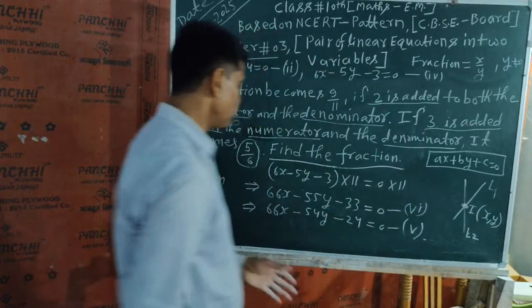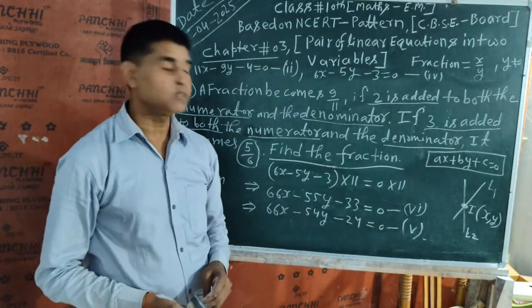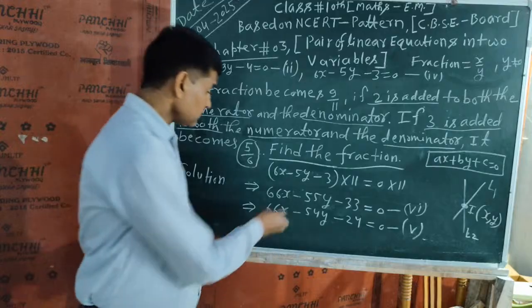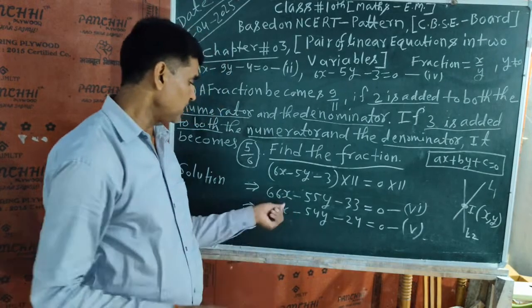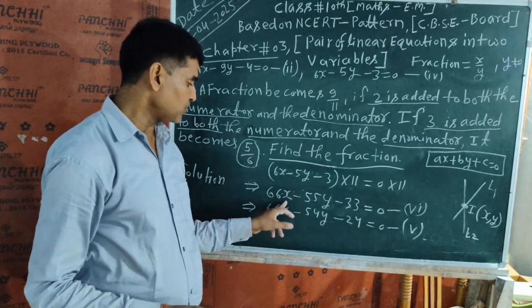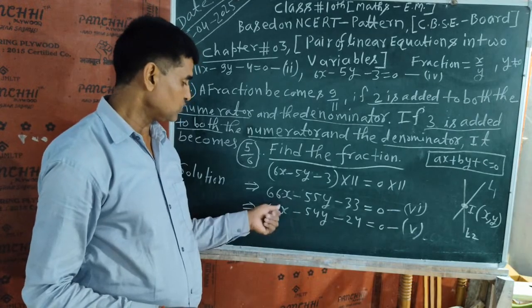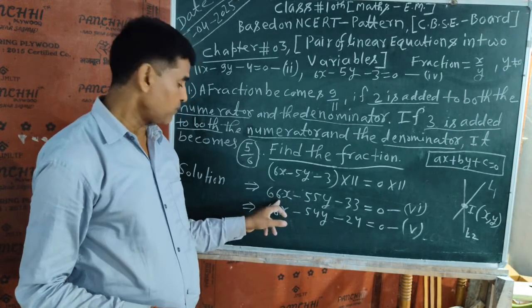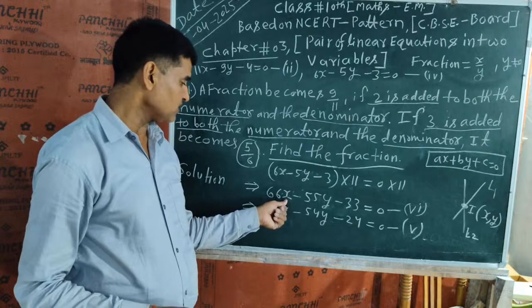Now further I will use the elimination method, because my target was to make the coefficient of x equal in both equations. I have already obtained the equal coefficient of x in both equations.